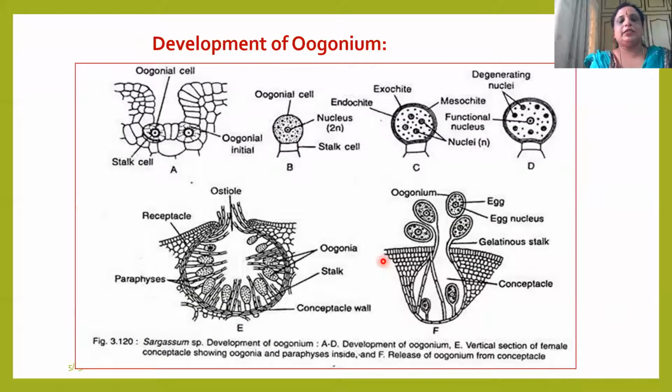Now, let us study in detail about each conceptacle. So, the female conceptacle is our oogonium. Let us study how the oogonium develops and how the structure of the oogonium or female conceptacle is.